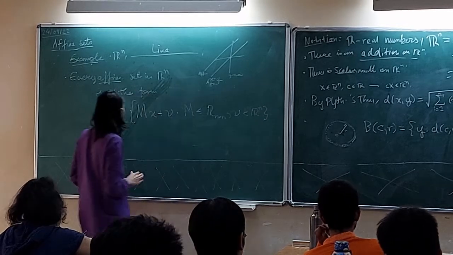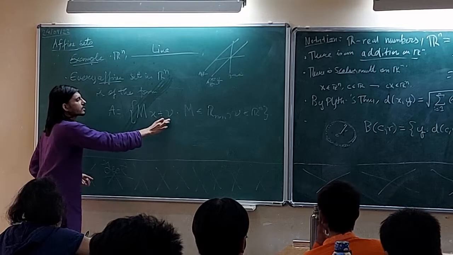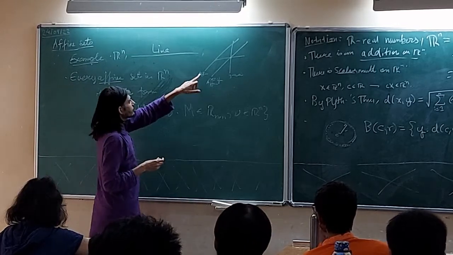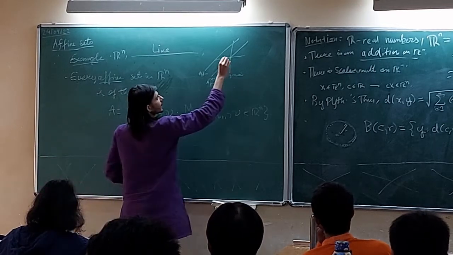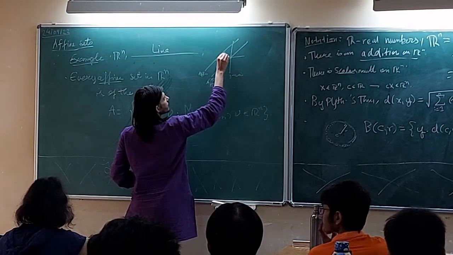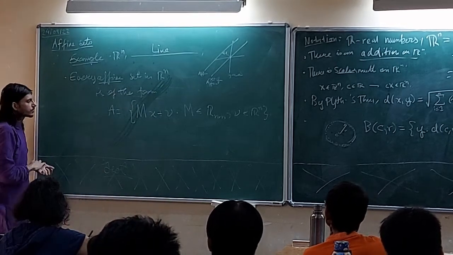So basically speaking, anything that is the image of a matrix possibly translated by a particular vector. So for example, for this guy, the matrix will be some kind of rank 1 matrix, and the vector v which is translating it will be this vector. So every affine set is literally of this form, right?